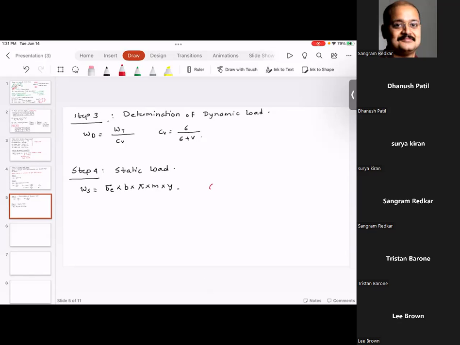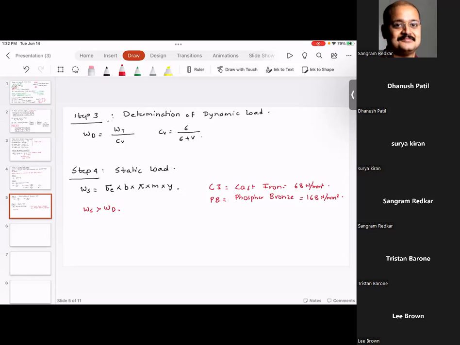One is cast iron, where 68 Newton per millimeter square is the value of sigma E. The second one is phosphor bronze, which is 168 Newton per millimeter square. And for safety, Ws has to be greater than WD.